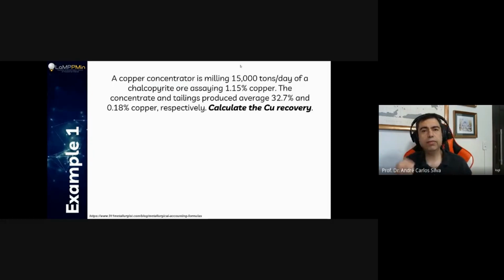So understand this, we're talking only about copper. If I gave you the grade of chalcopyrite, then your mass balance would be a mineral mass balance. We can do this in one way or the other, that's not a problem at all. But depending on where you are, people prefer to refer their mass balance to a chemical species, to a mineral, or even to an element.